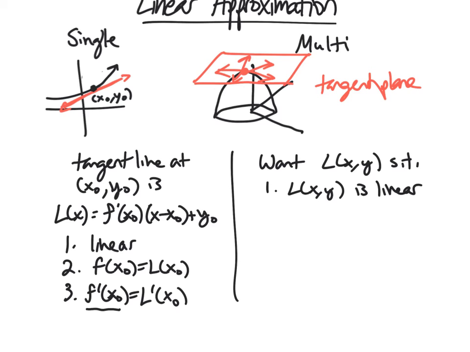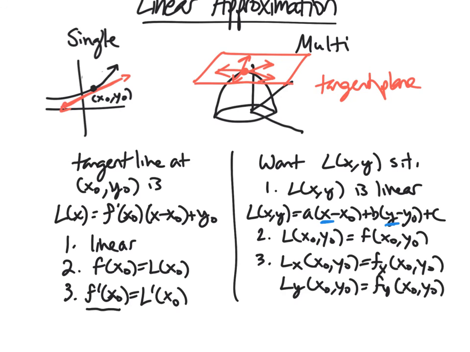So this is now 2 variables. And by linear, we mean the following. So it has this kind of equation, and no, this isn't a line. Again, this is a plane, but it's called linear because you're only seeing first powers of x and y. And then we also, again, want it to agree at the point we care about, and then have the same, instead of slope, the same slopes in the x and y direction.